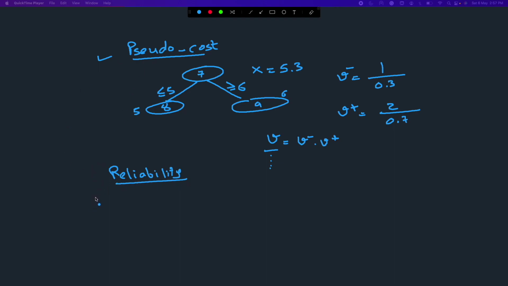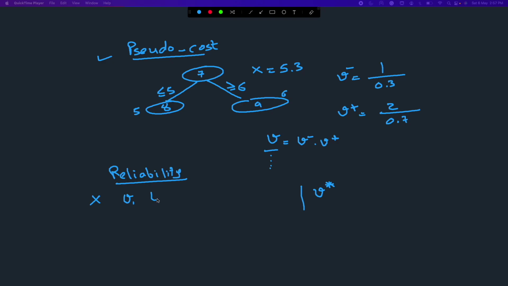So what is that? Let me quickly rewind if you don't know. Let's say I have this variable, and let's say its actual pseudocost is v star. Let's say I branched on this variable the first time and I received my pseudocost update, which is v1.